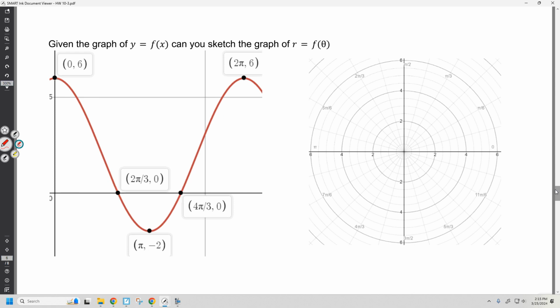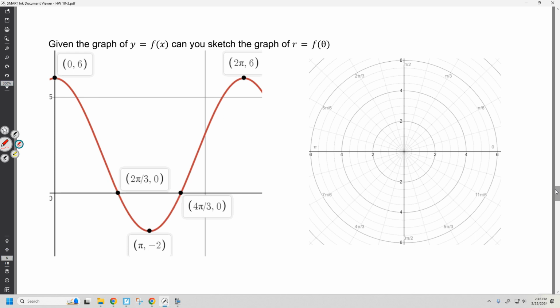Here's a question. Here is the rectangular form of some equation. On your test, it'll be like, which one of these 4 graphs will be produced? Well, here, try to sketch this. You don't have to do everything. Let's just try to sketch this.